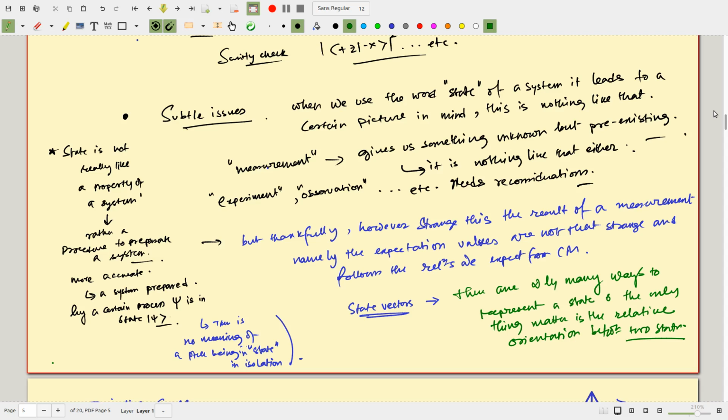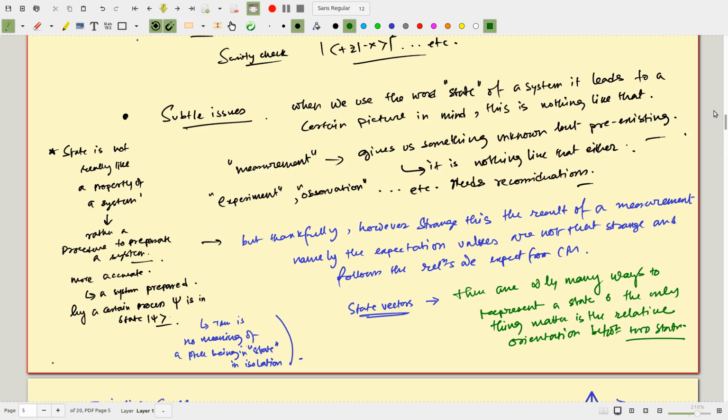The word measurement also means a similar thing: you do a measurement to know something about a system which you did not know before, and after the measurement you got to know what the system was like. Similarly there are associated statements with the words experiment and observation.